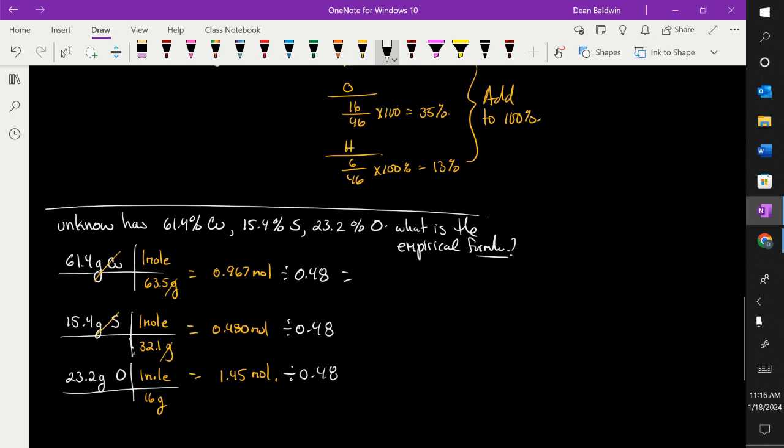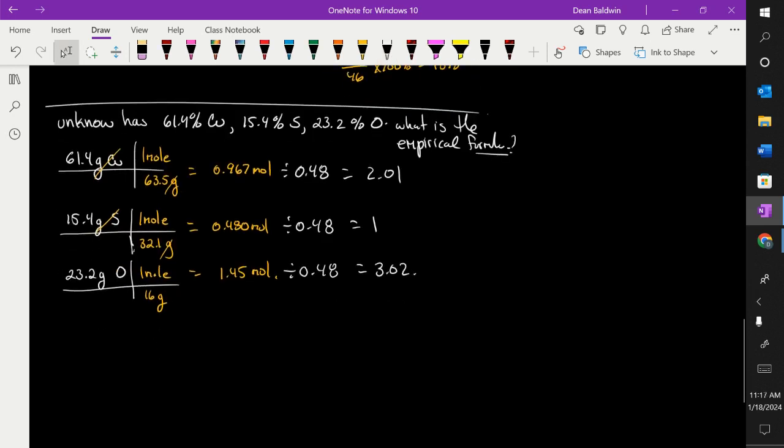So 0.967 divided by 0.48 is 2.01. That's going to be 1. And this is going to be 3.02. They're not always perfect because it depends how you round, but they should be pretty close, like 0.02 and 0.01. That's close enough.